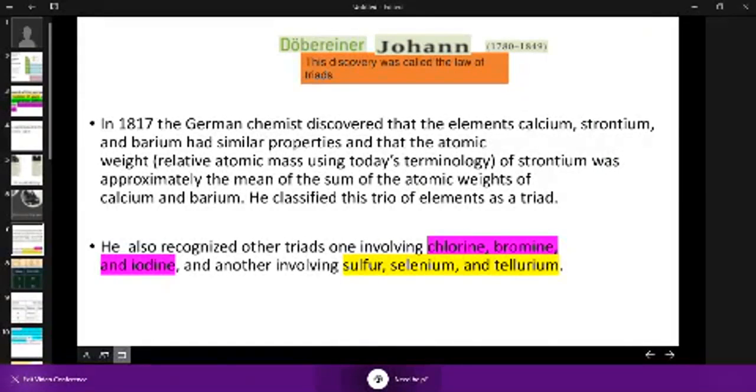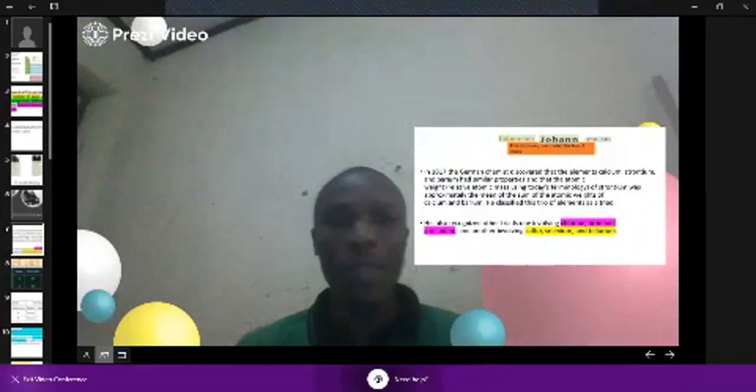So he classified this trio of elements as a triad. He also looked at chlorine, bromine, and iodine. When he added the atomic weight of chlorine and the atomic weight of iodine and divided by 2, he could get the atomic weight of bromine.